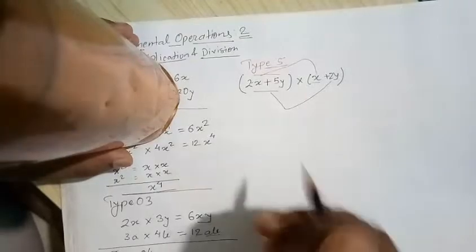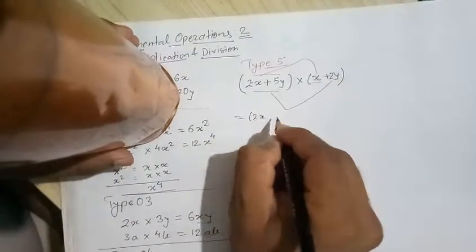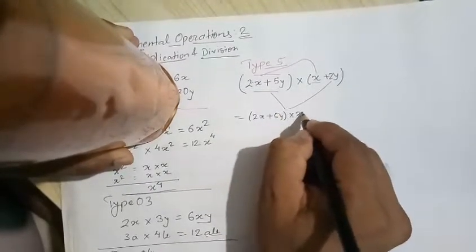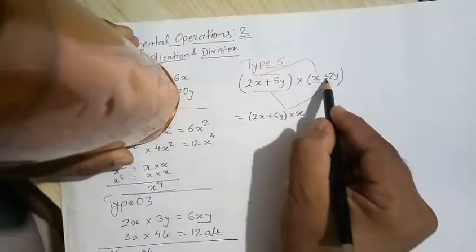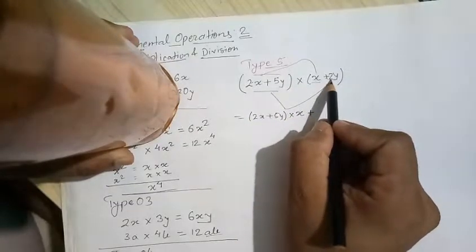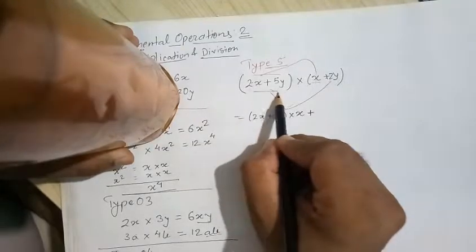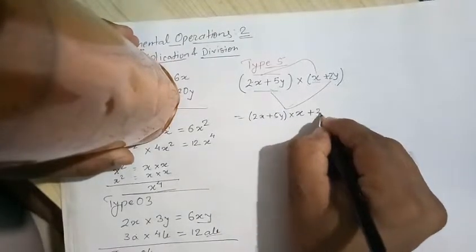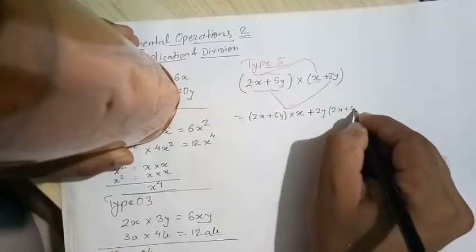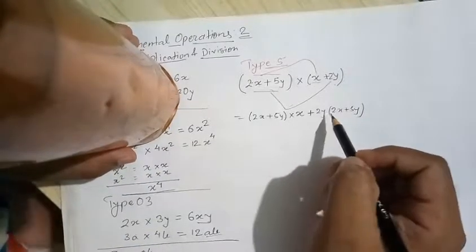Now how it looks in the writing form: as I told you, x will multiply both of them, that means 2x plus 5y will multiply with x, right? What is the sign here? Plus. Put a plus sign here. What is that? 2y will multiply with both of them, the entire bracket. So 2y multiplied with 2x plus 5y. Are you getting this? I hope you understood what is happening.